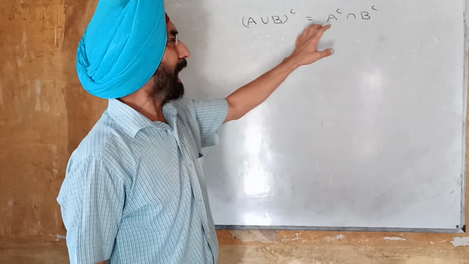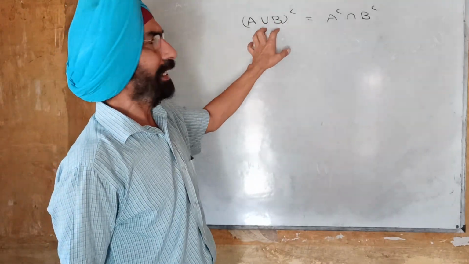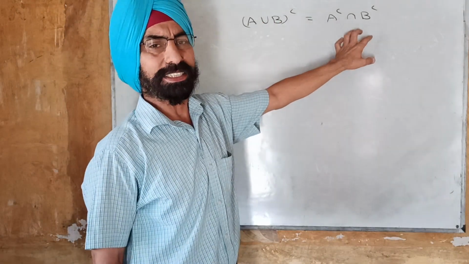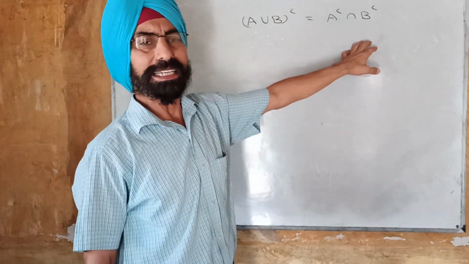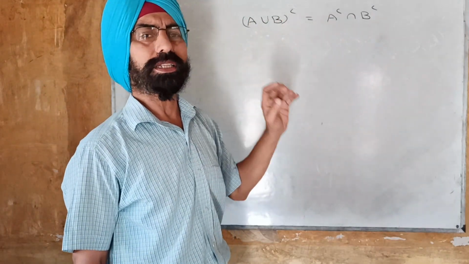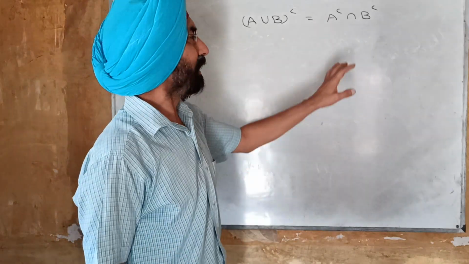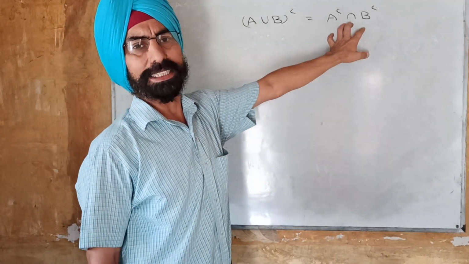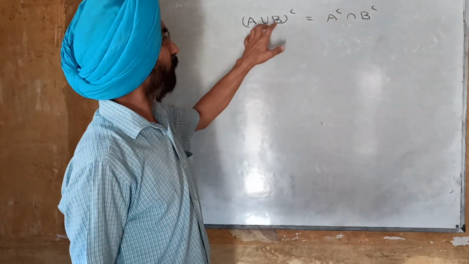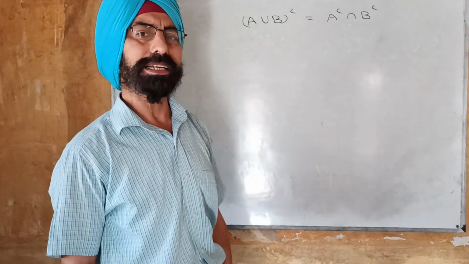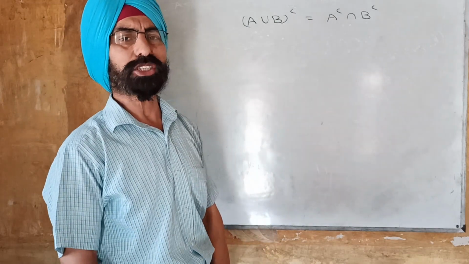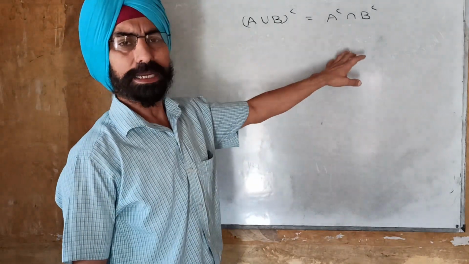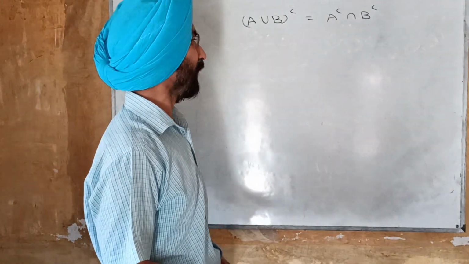That means every element of this set is a member of this set, which will prove that this set is a subset of this set. And similarly, we will do the converse part, and that will show that A complement intersection B complement is a subset of (A union B) complement, and when both the sets are subsets of each other, they will become equal. So let us start the proof.